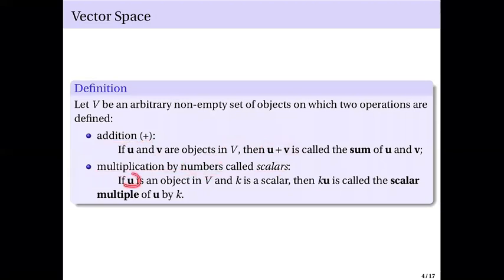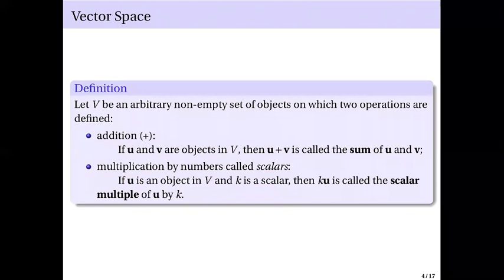If you have an object U from V, and then you get a K, a scalar, it's any number. For us, we'll just be using a real number as a scalar.